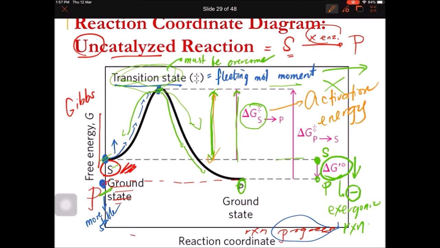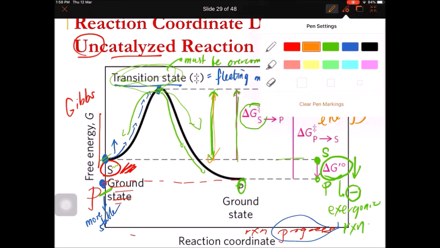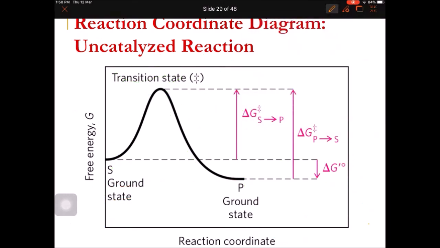So, overall, yan ang reaction coordinate diagram kapag uncatalyzed reaction. Ulitin natin para ma-summarize. Sa uncatalyzed reaction, kailangan malagpasan ang range na ito. Anong tawag dito? Very good. Activation energy.